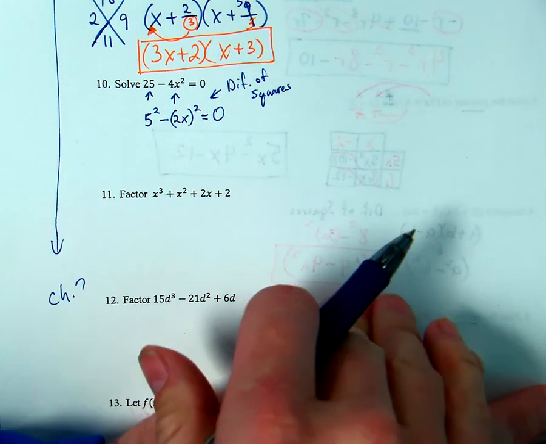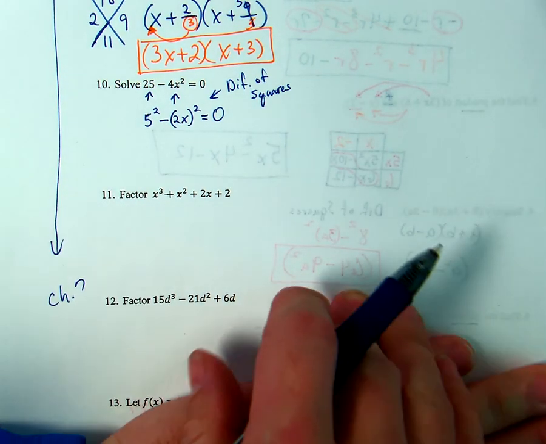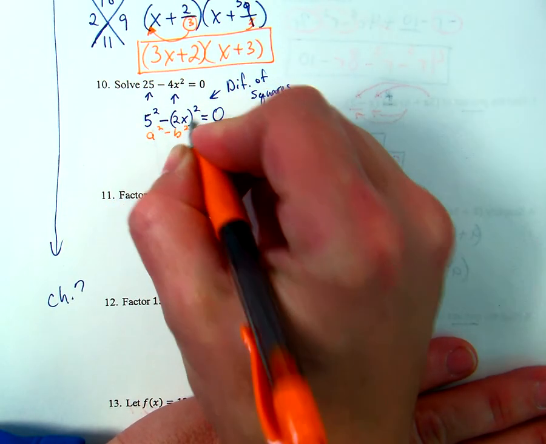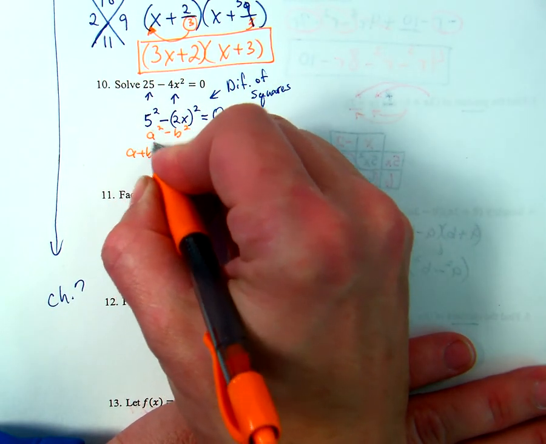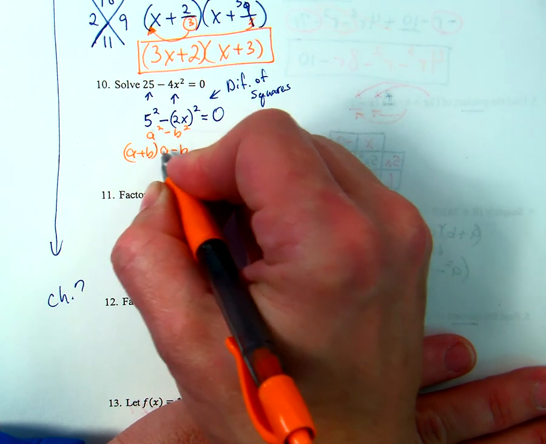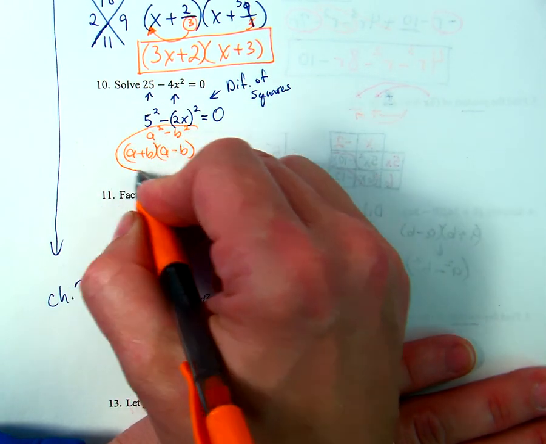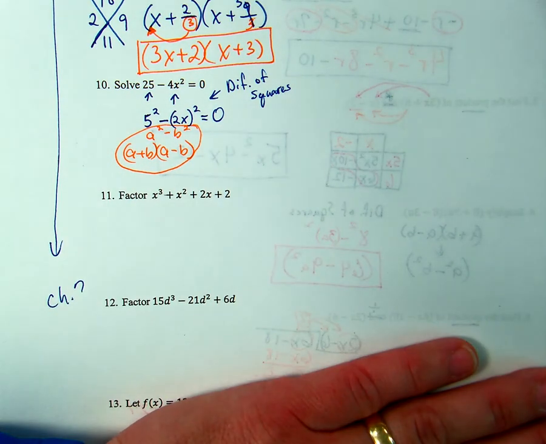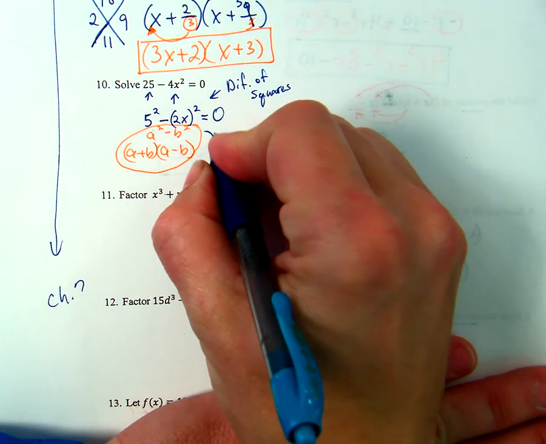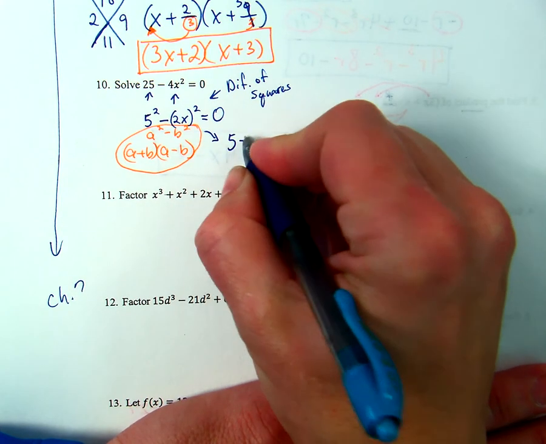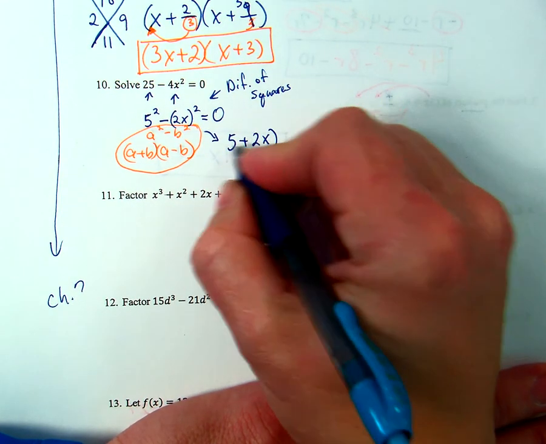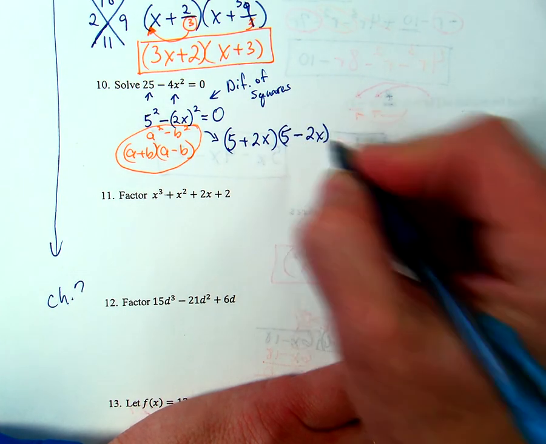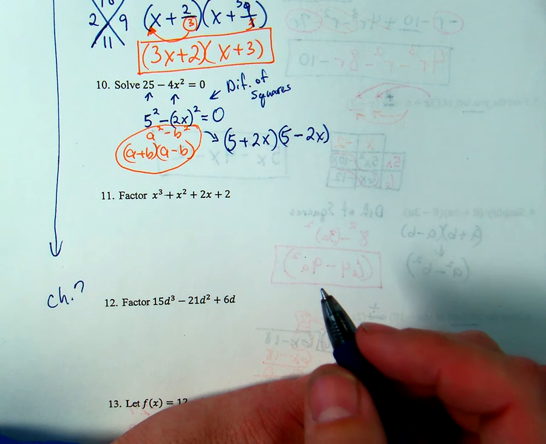Going backwards, this is a squared minus b squared, so I should end up with a plus b times a minus b. Remember, that's the form that we use with difference of squares. So I should end up with 5 plus 2x times 5 minus 2x as the factored form of this difference of squares.